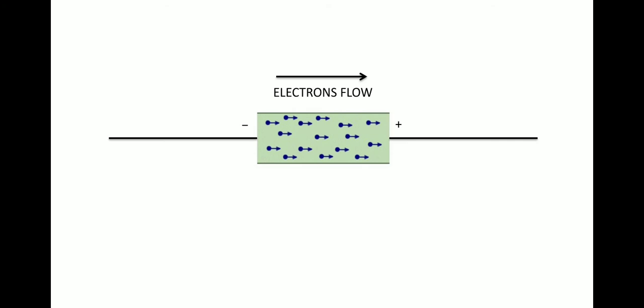Similarly, we can say that the current also flows from the higher terminal to the lower terminal, and by higher terminal we understand the positive terminal, and the lower terminal means the negative terminal. So from higher to lower, the current will flow from positive to negative.